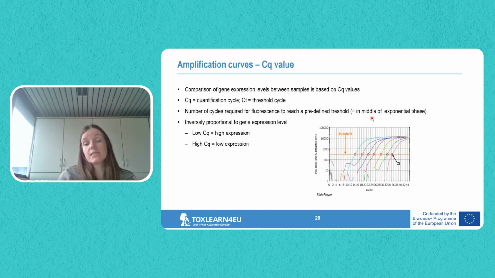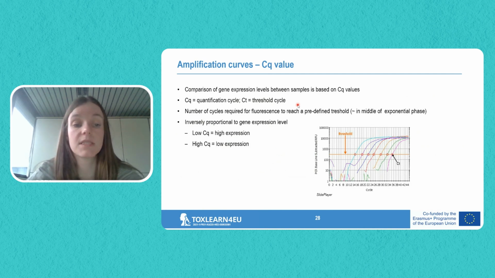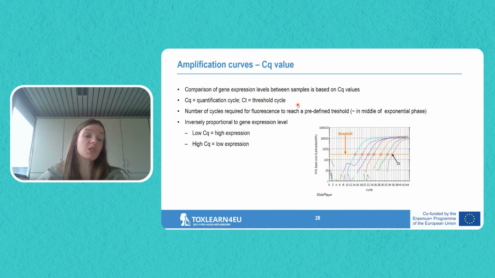Well, that is because in order to be able to quantify and compare gene expression levels between samples, we need to determine a so-called CQ value. CQ stands for quantification cycle, or it's also sometimes called a CT value, which stands for threshold cycle. So CQ or CT, it's basically the same thing. And a CQ value is the number of cycles that is required for the fluorescence to reach a predefined threshold.